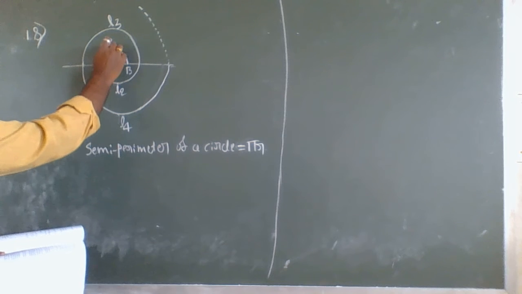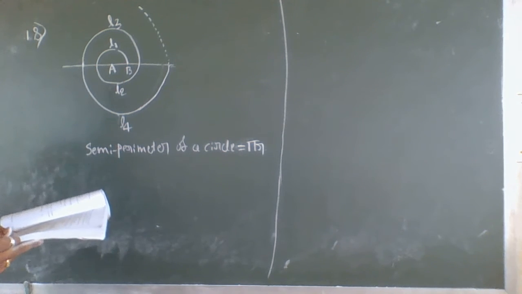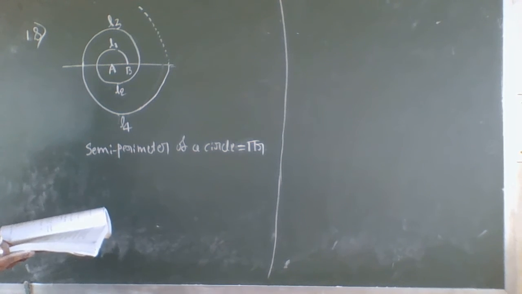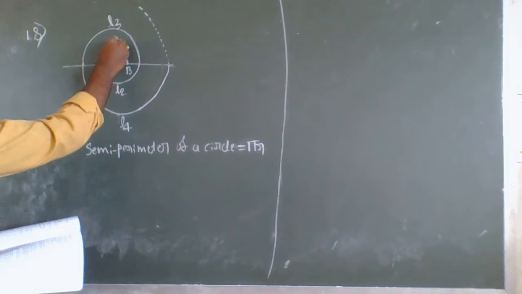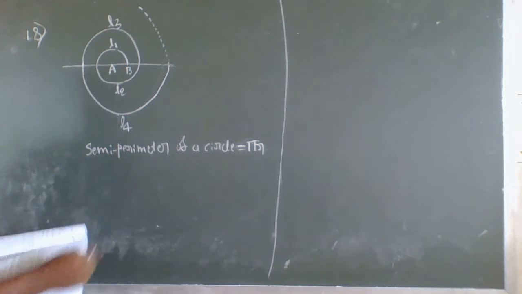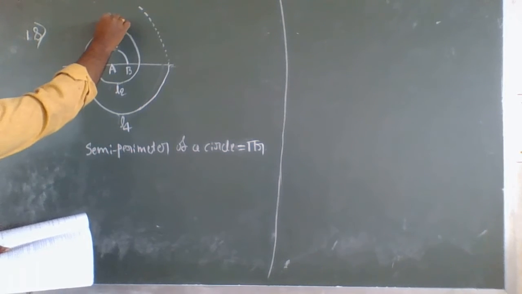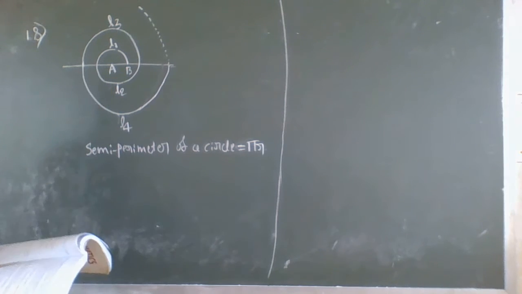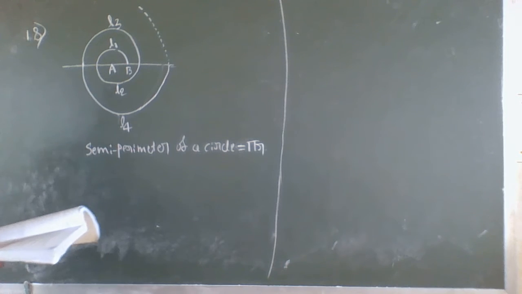These are semicircles L1, L2, L3, L4, with centers alternately at A and B. Centers alternately means for semicircle L1, A is the center, for L2, B is the center, again for L3, A is the center, and for L4, B is the center. These are alternate centers.